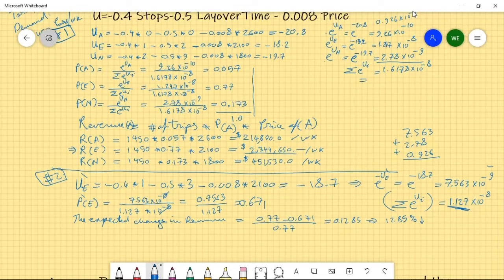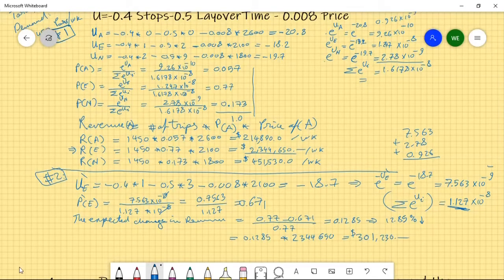So in terms of money, it equals 0.1285 multiplied by the original revenue, which is 2,344,650. So that means the reduction will be 301,230 US dollars.